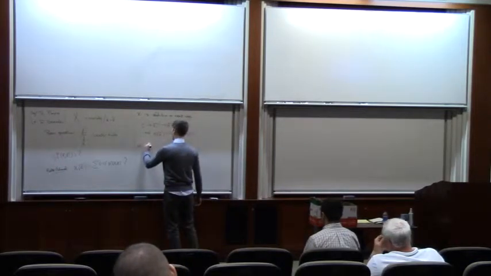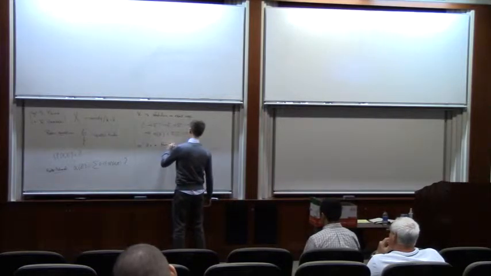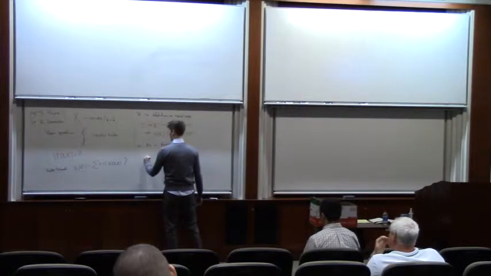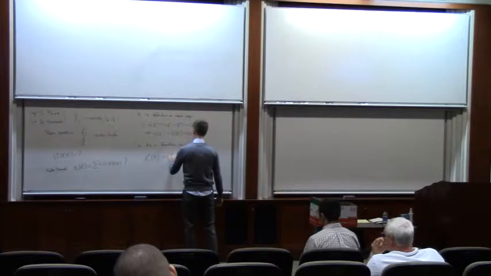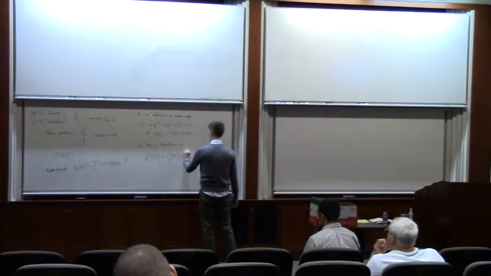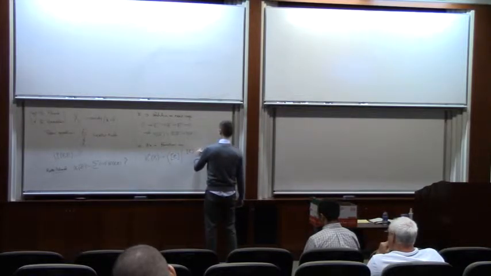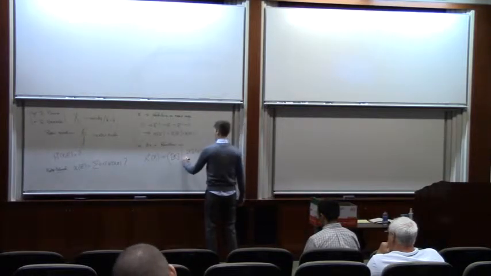So it's a function on what's called the K-theory of X, which is defined to be isomorphism classes of vector bundles modulo the relation that E equals E prime plus E double prime whenever you have such an exact sequence.